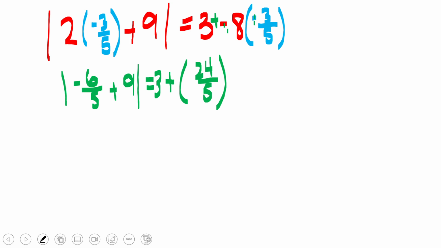Alright, to add negative 6/5 and a whole number 9, we're going to create like denominators. For the purpose of our problem, 5 is a pretty good one. So if that's true, we need to make equivalent fractions. So we're going to have the absolute value of negative 6/5 plus 9 over 1, you can put any whole number over 1.